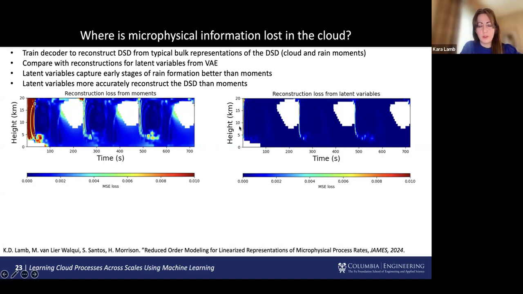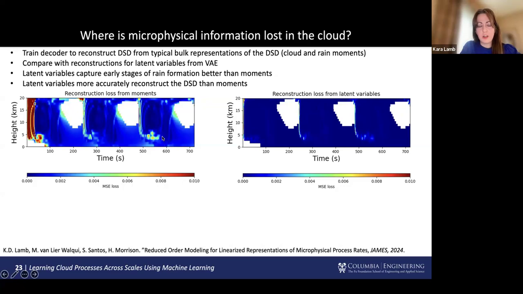More red means worse reconstruction. We can see that with the moments we're doing a worse job reconstructing the true microphysical state of the cloud in terms of its droplet size distribution at these early stages of rain formation.